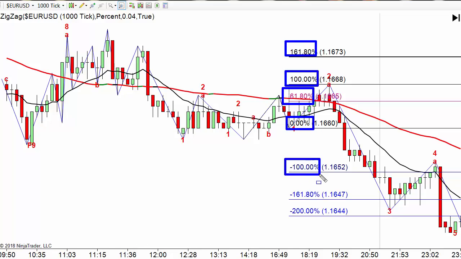But if you include negative numbers in your drawing tool, then when this thing fails to go up and it actually does a roundabout turn and tanks to the downside, instead of having to redraw, and you could do that, but it would be kind of tough, because to redraw to the downside you'd have to look for a high, and then your first lower low, and then your first lower high. So you'd be drawing it off of those three.